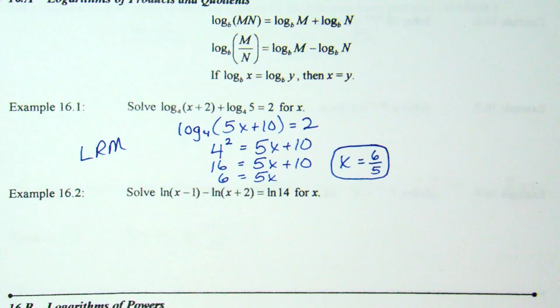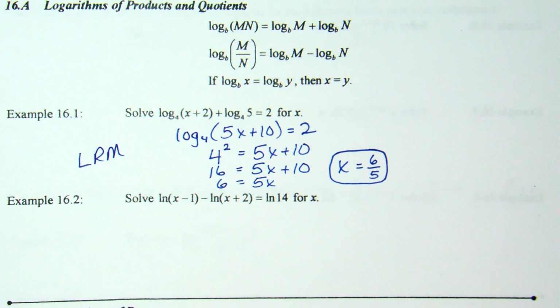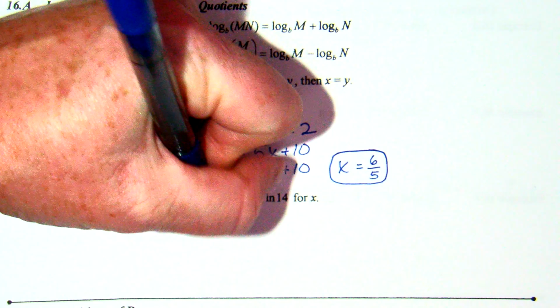Okay, example 2. Natural log of x minus 1 minus natural log of x plus 2 equals natural log of 14. Okay, two logs being subtracted can be rewritten as one log where the insides are being divided.